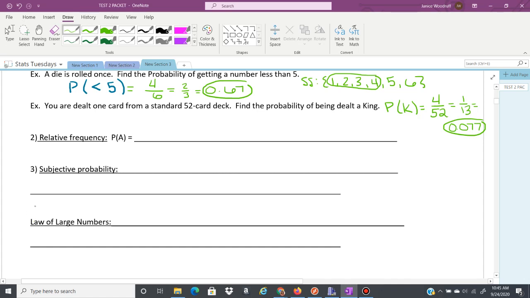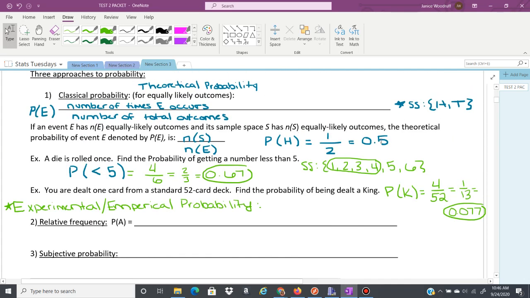Then we're going to look at experimental probability, or empirical probability. Write this down right here. Now we go back up to the coin example: 0.5.